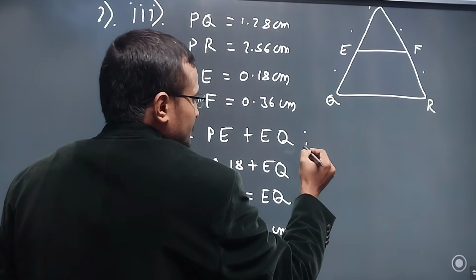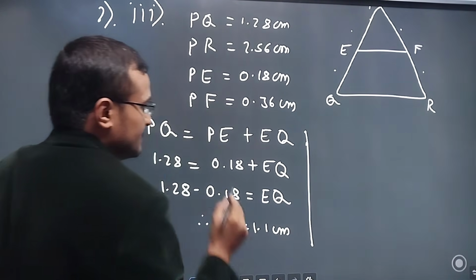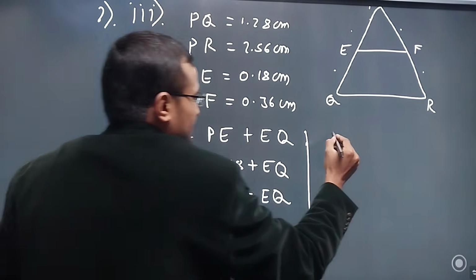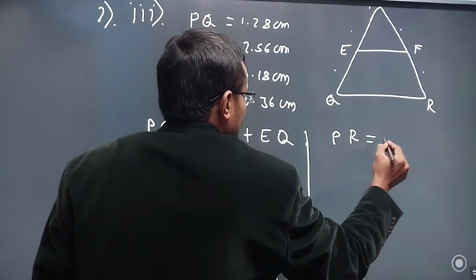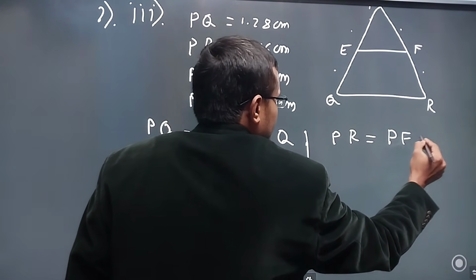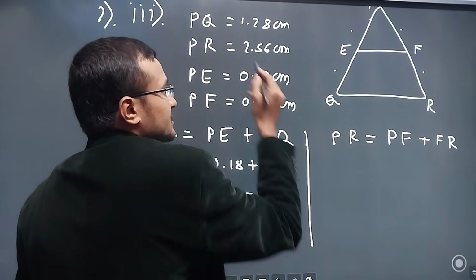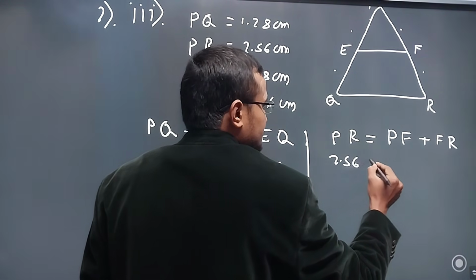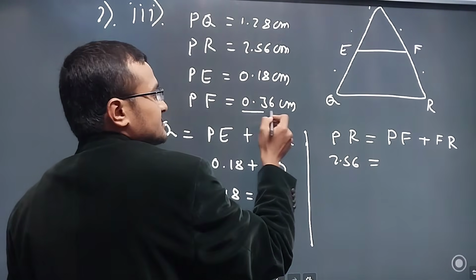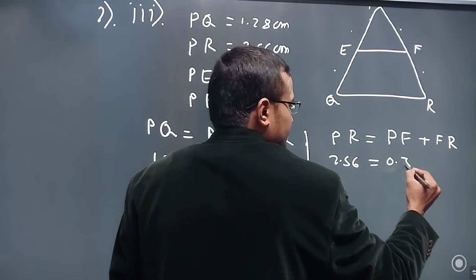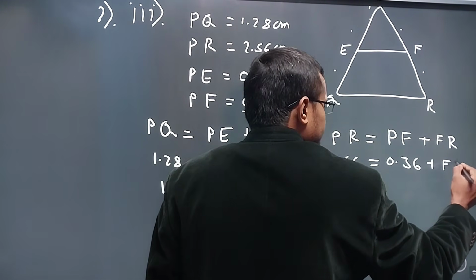Similarly here, on the other side, PR is equal to PF plus FR. PR they have given us 2.56, PF they have given us 0.36, plus FR.